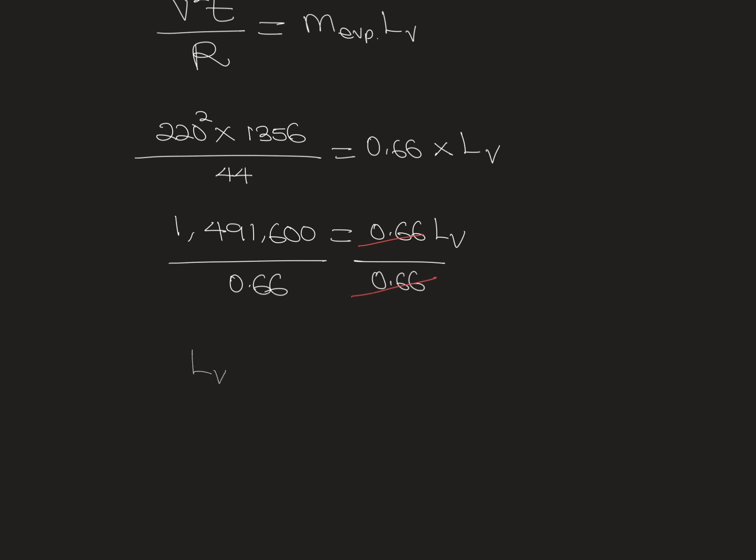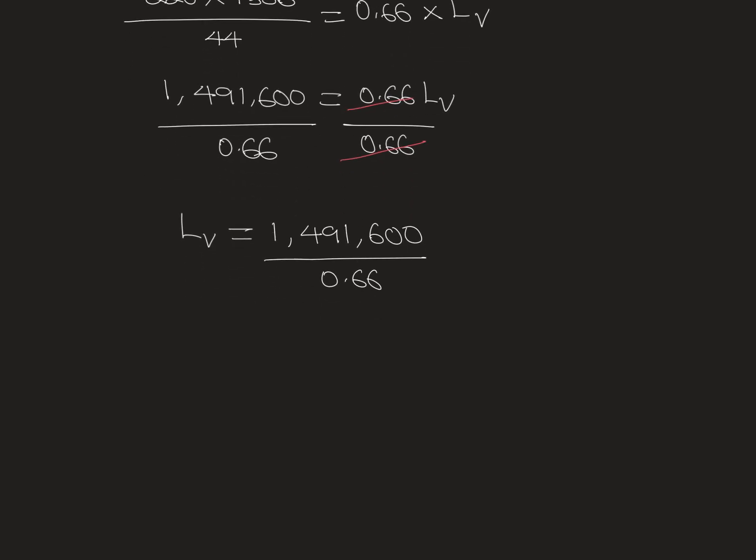We can therefore say that the specific latent heat of vaporization is equal to 1,491,600 divided by 0.66. So the specific latent heat of vaporization is 2,260,000 joules per kilogram. If we want to express this in standard form, we can say 2.26 times 10 to the power 6 joules per kilogram.